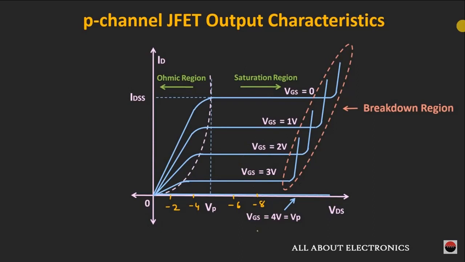And whenever this VGS is equal to VP or the pinch off voltage, then the drain current ID will be approximately equal to 0 ampere. And similar to the N-channel JFET, there is also a breakdown region in case of this P-channel JFET. That means if we go beyond a certain value of this voltage VDS, then the drain current will increase drastically. So this is all about the output characteristic of this P-channel JFET.